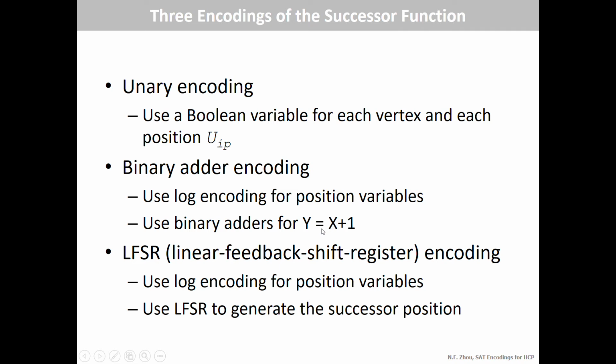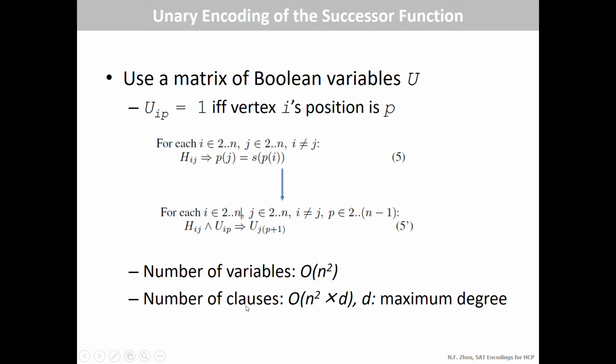In the LFSR encoding, we also use log encoding for position variables, and we use a special circuit to generate the next position. In the unary encoding, the transition constraint is encoded as follows.